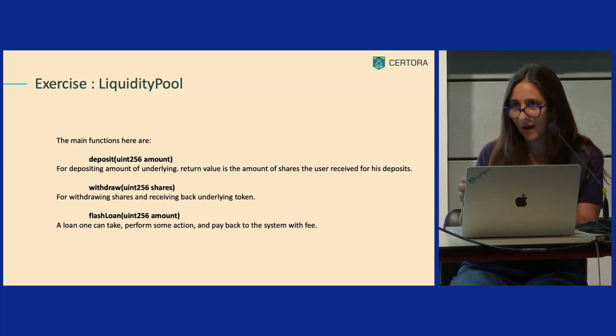He has a callback where he can do whatever he wants to do with this amount of token that he has taken. But at the end of the transaction, he has to give back everything that he's taken and pay a fee. So it's one transaction, meaning that if the user didn't pay back the flash loan, then there will be a revert of all the transactions that he has done.